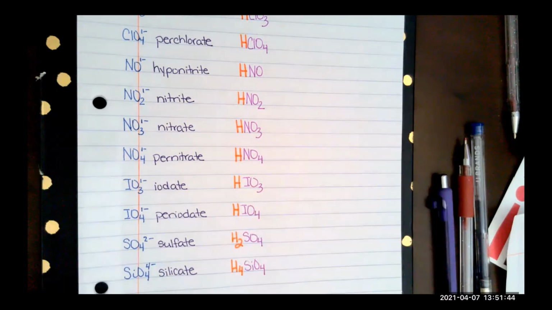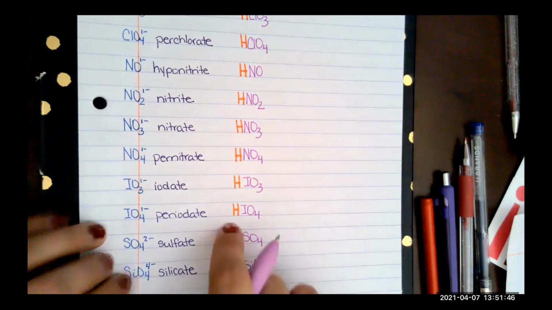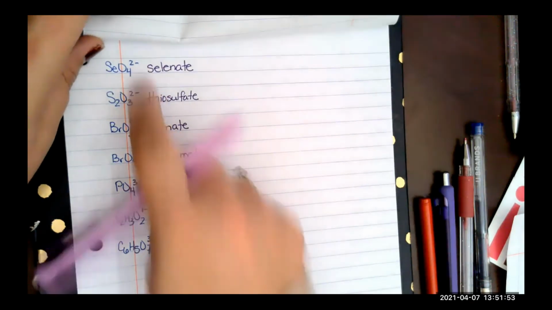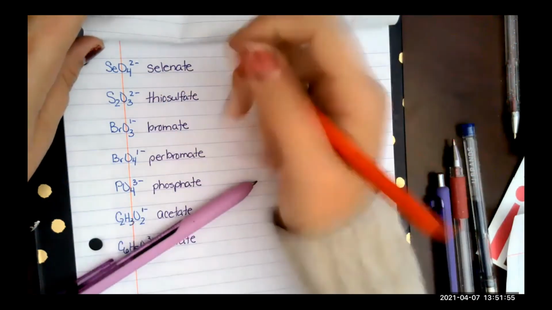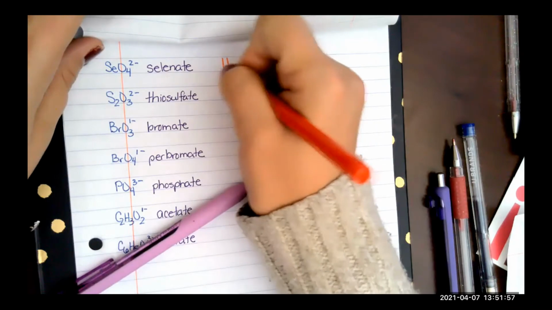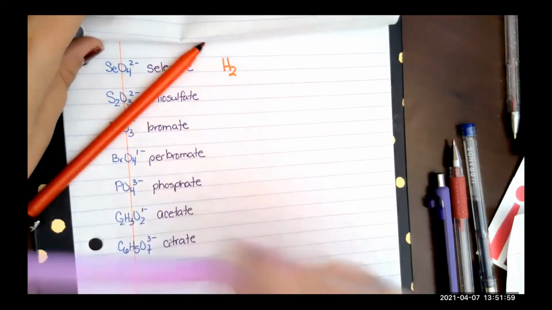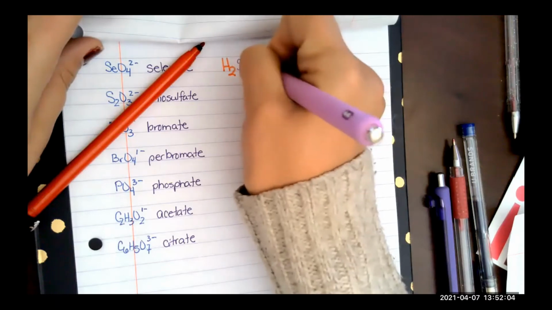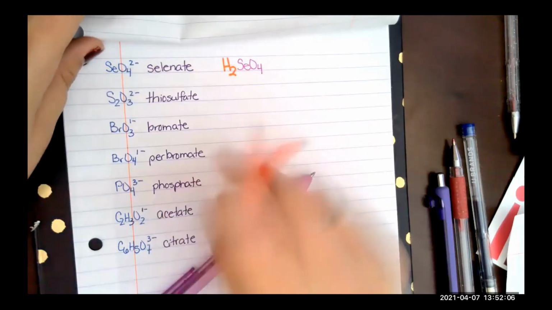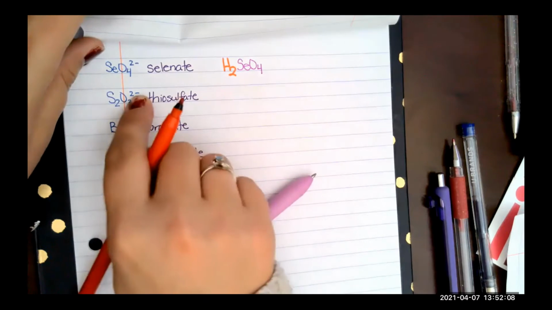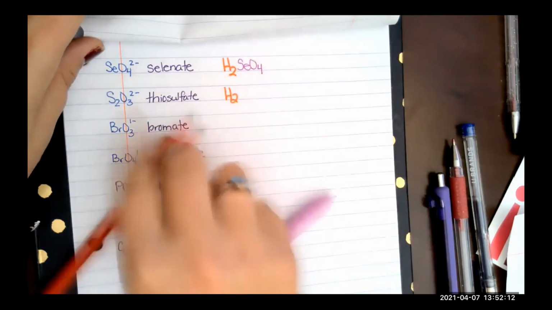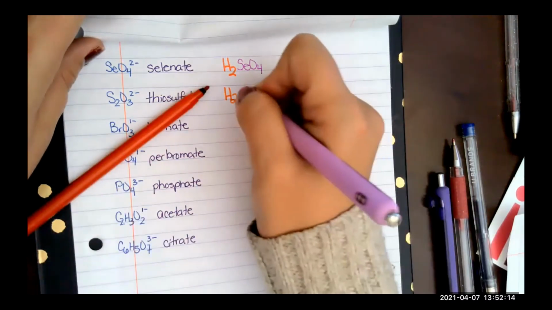Okay, when we look at the next page, we're looking at selenate. The charge is 2, so it's H2, and then you write SeO4. For thiosulfate, the charge is 2, so you write H2, S2O3.